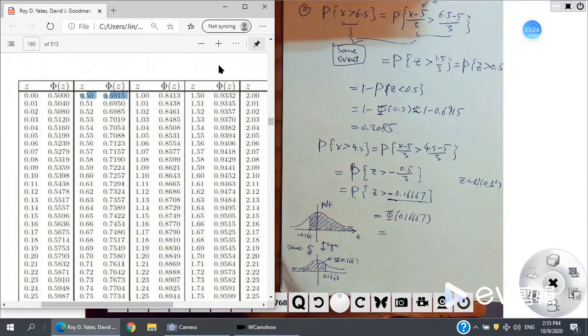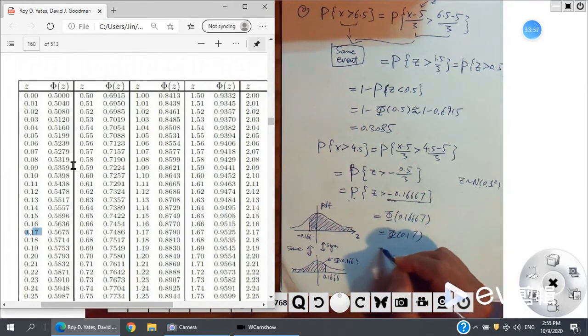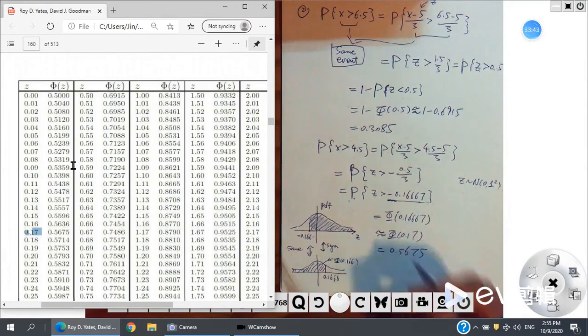We have 0.16, 0.17, right? 0.17, which is 0.5675. Yeah, it's approximate. Alright, so we have the value. Any question? I think it's fine, right?